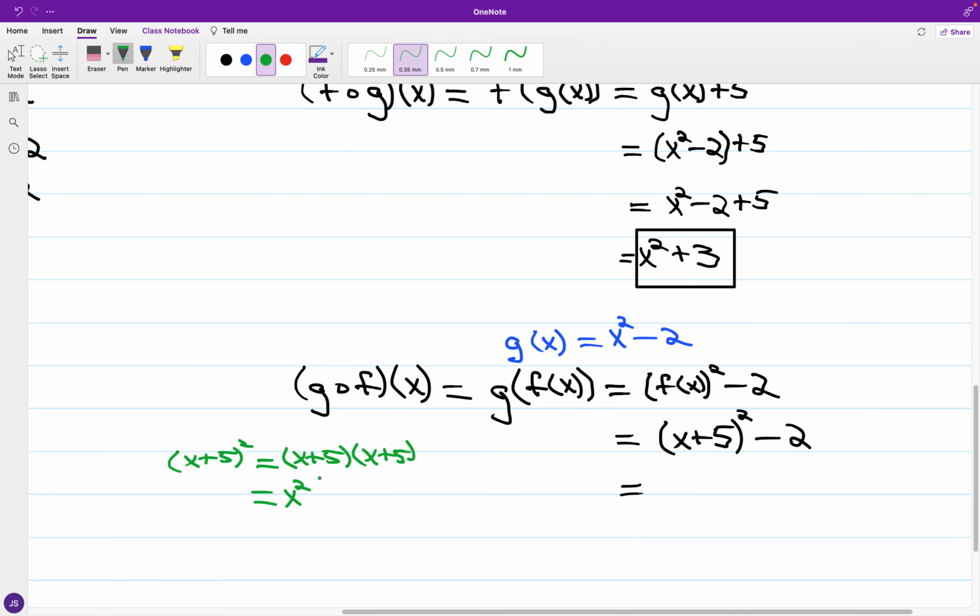So you have x squared plus the outside and the inside products plus 25.